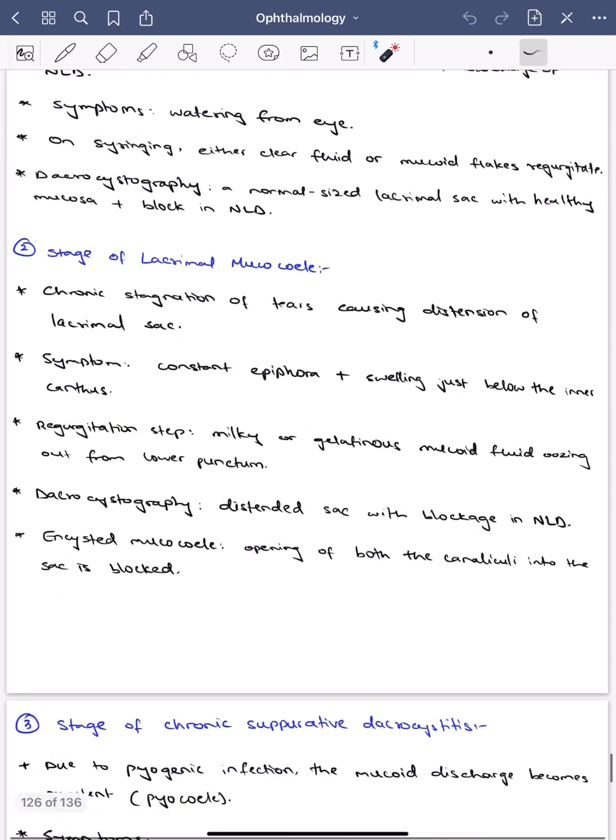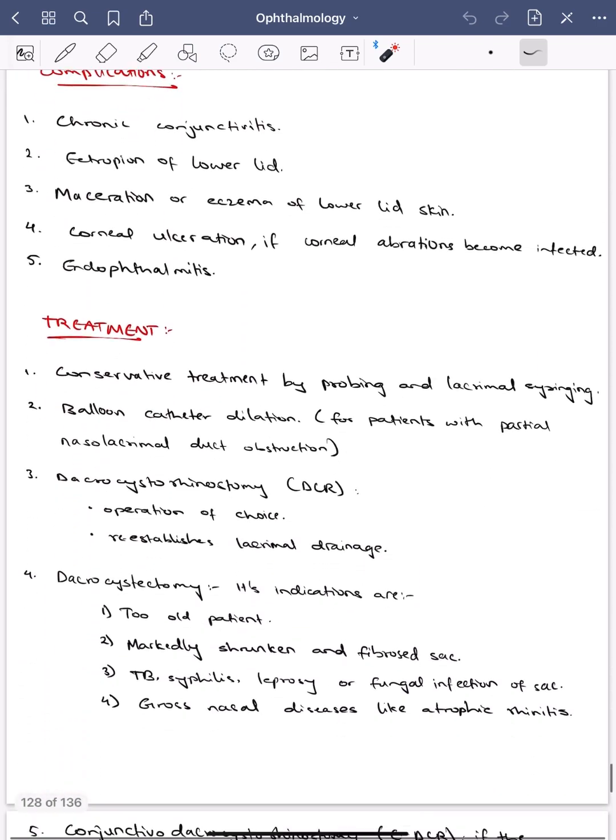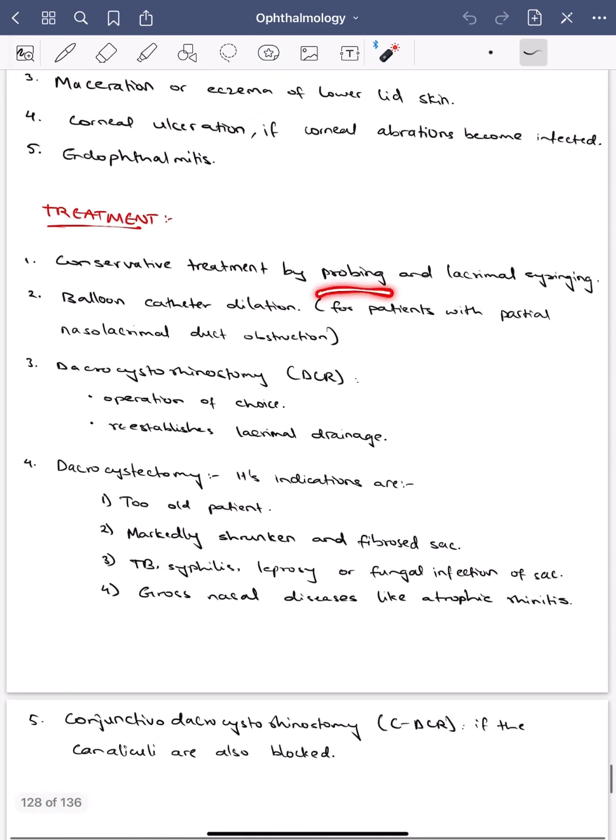Then we discussed the treatment, that is conservative treatment by probing, lacrimal syringing, and balloon catheter dilation, DCR, which is the operation of choice, DCT or dacryocystectomy and its indications we discussed. Remember, patient is too old, markedly shrunken and fibrosed sac, TB, syphilis, leprosy, fungal infection, and gross nasal diseases like atrophic rhinitis. And finally, if the canaliculi are also involved, we do CDCR, that is conjunctivodacryocystorhinostomy.